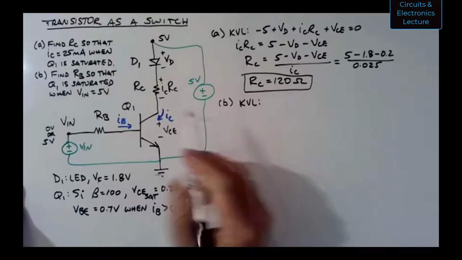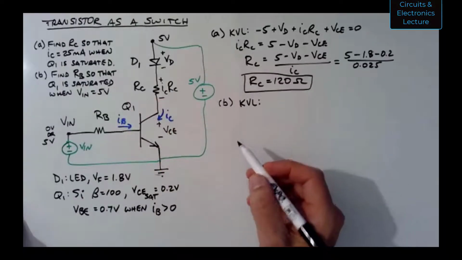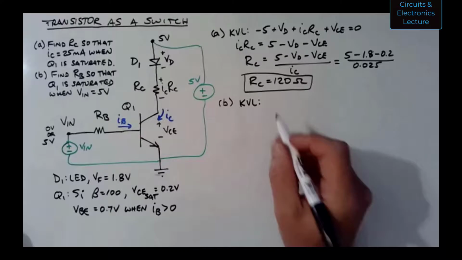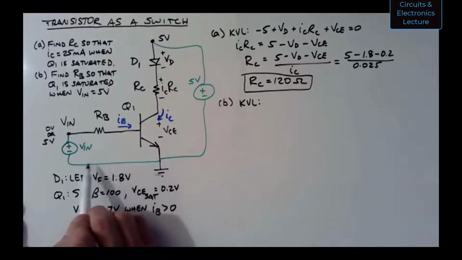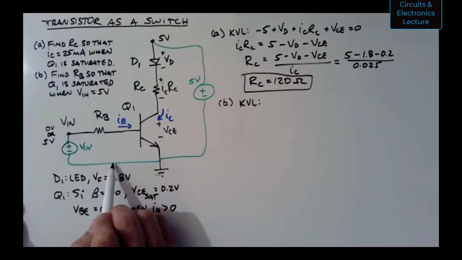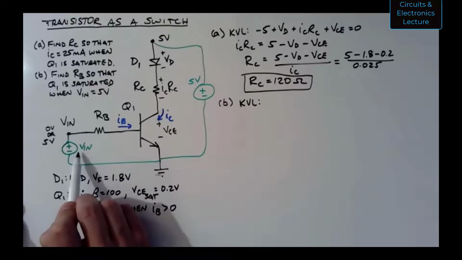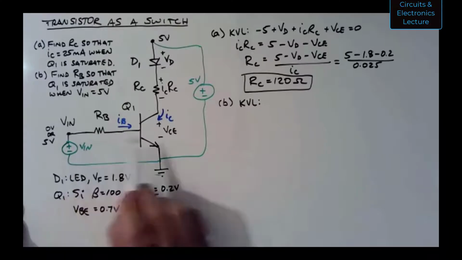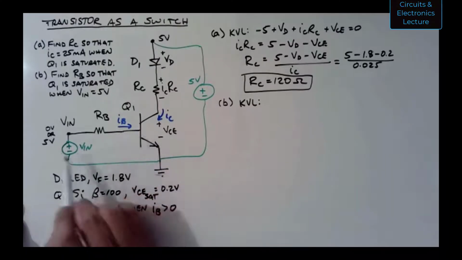So now we've solved for RC. We have to solve for RB. I'm going to use another KVL equation here, around a different loop of the circuit. So let's go around this bottom loop. I know my voltage Vin is 5 volts when I want the transistor saturated.